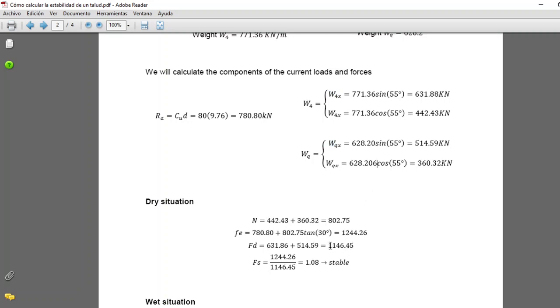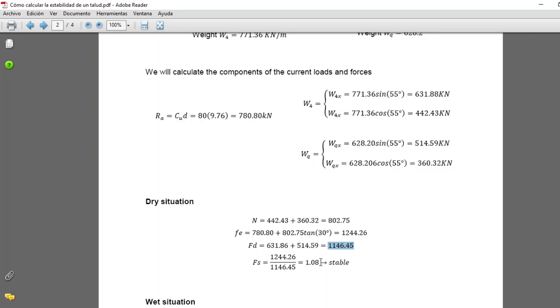Then we have 1146.45, all results in kilonewtons, and for the safety factor we need to divide this value by this value, and we have 1.08.